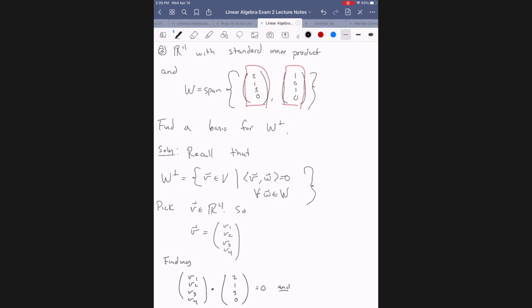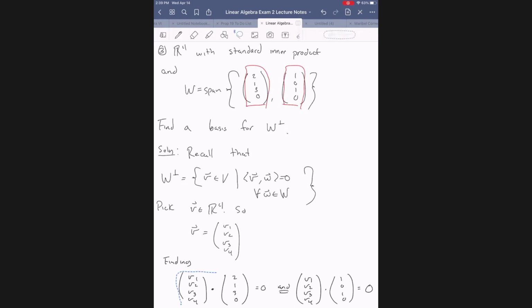And V1, V2, V3, V4 dotted with 1, 0, 1, 0 is equal to 0, right? Because as soon as we know it's perpendicular to those two, then it's perpendicular to every vector in the span of it. Remember, the dot product distributes, so we can do that.